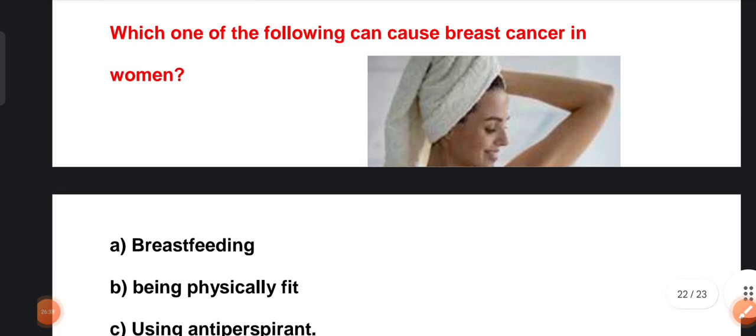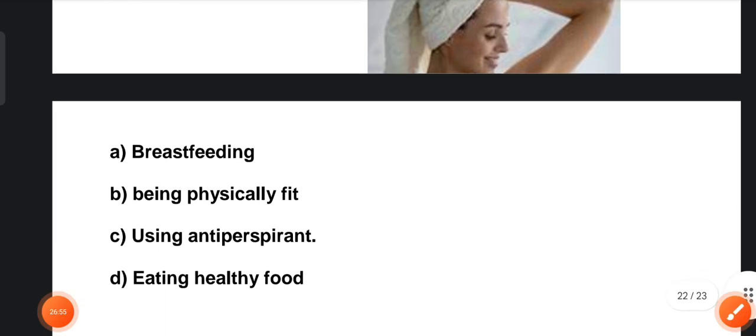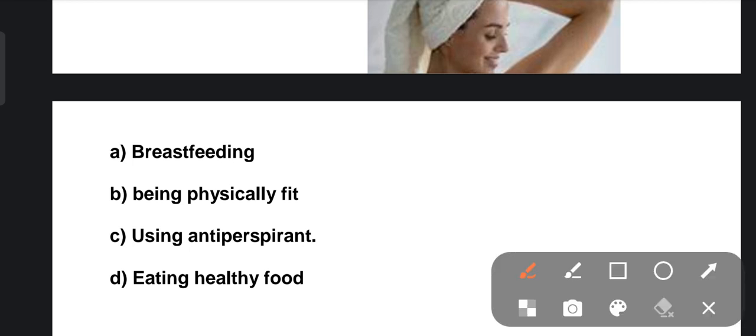The next question is, which one of the following can cause breast cancer in humans? Which one is a main cause of breast cancer in women? Options are breastfeeding, being physically fit, using antiperspirants, and eating healthy food. The right option is option C, using antiperspirants.